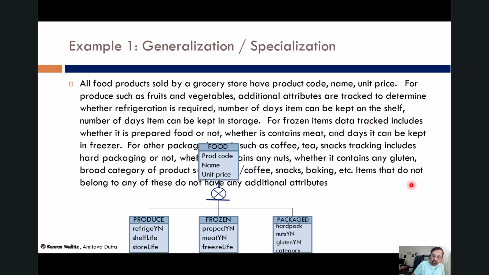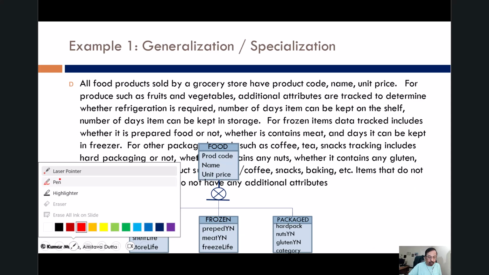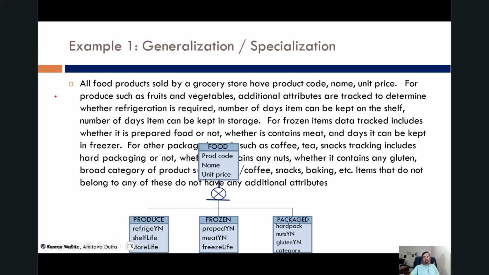Okay, so let's see a little narrative and discuss how it translates into a particular specialization structure. Okay, so in the narrative it says all food products sold by a grocery store have a product code, name, and unit price. Okay?